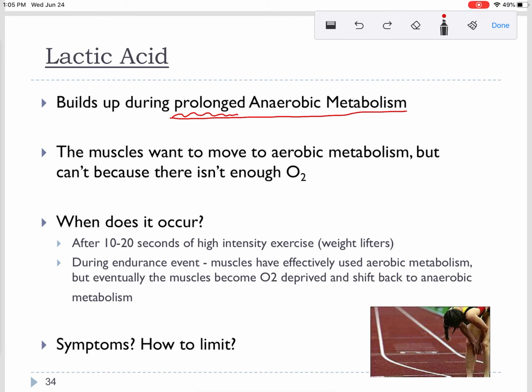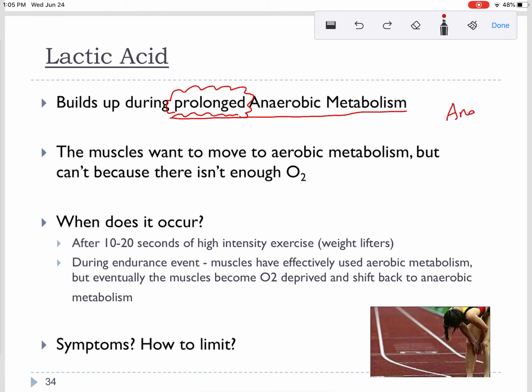Now, we always have lactic acid. Lactic acid is a natural byproduct. It's only a problem when that lactic acid accumulates excessively. And it only accumulates excessively when we spend too long in the anaerobic metabolism.